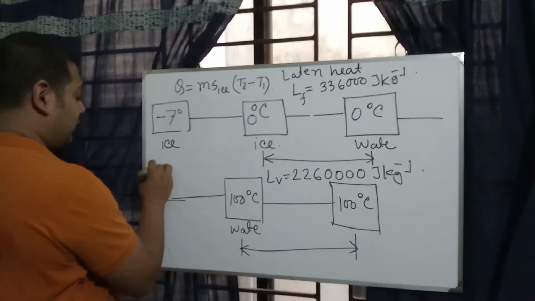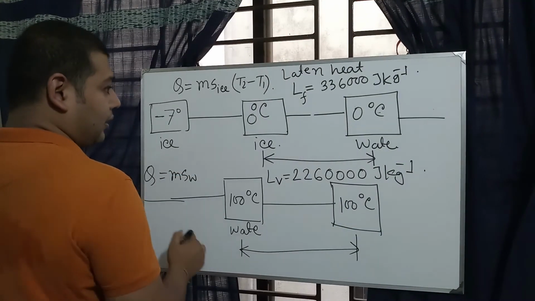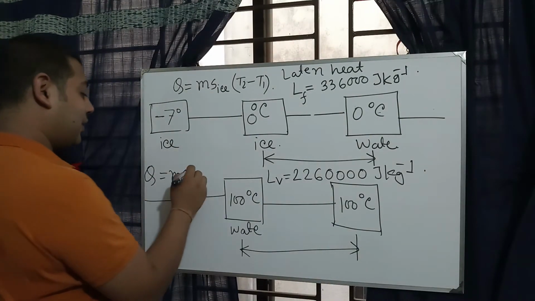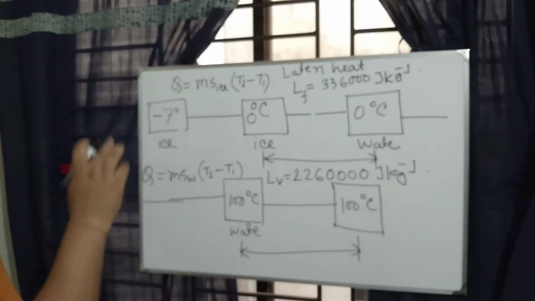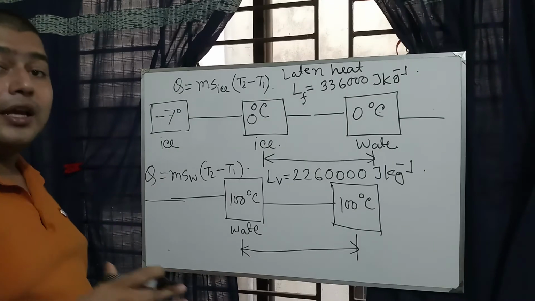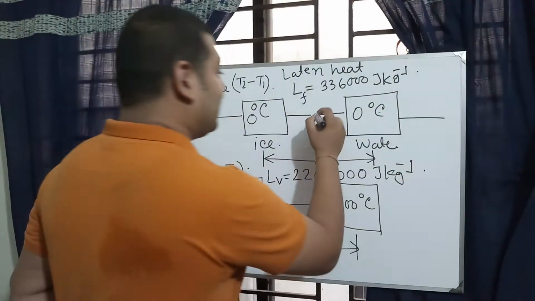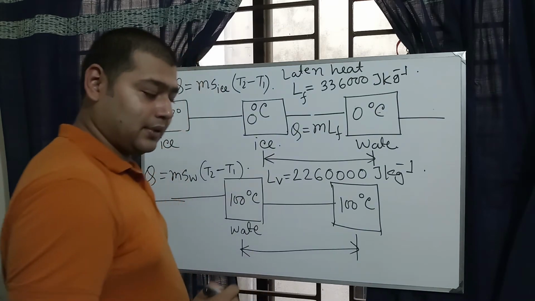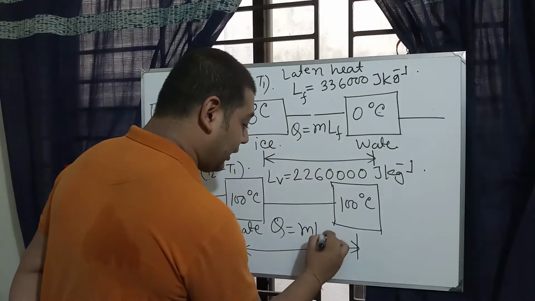For this stage the formula is the same: Q equal to M S water (T2 minus T1), since it is water. We will use Kelvin for temperature. In this stage, the heat is M L F. In this stage, the heat gain is M L V.